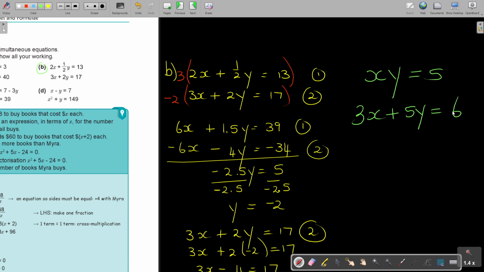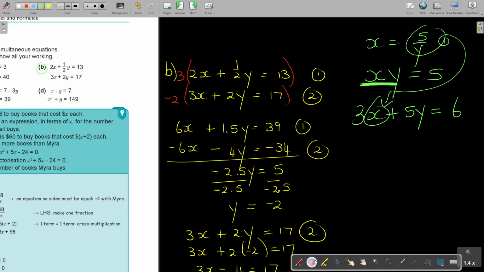Then you will do substitution. Then you will get x is equal to 5 over y, and you will take that and substitute it in this equation. So not always to say that linear equations will always work with elimination. If the x and the y are in one term, then you also do substitution. But let me take you to substitution.